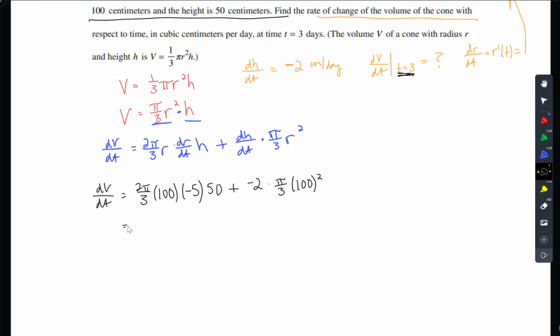So this is negative 250: negative 5 times 5 is negative 25, add a 0, negative 250. Times 2 would be negative 500. So negative 500 times 100 would be negative 50,000, because you're just adding zeros, all over 3. Oh, don't forget the pi.